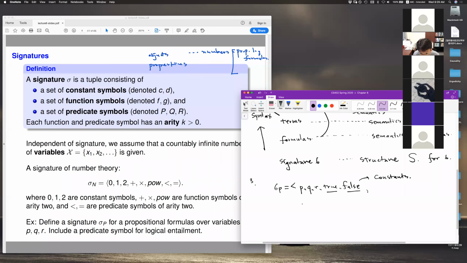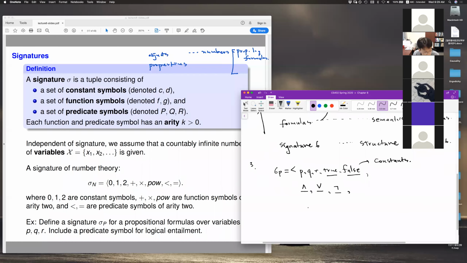Then we have a conjunction operator, but I will also underline this so that it is not the conjunction in first order logic. This is an operator that we can apply to build more complicated propositional logic formulas. Then a disjunction operator, a negation operator, and that's it for propositional logic.